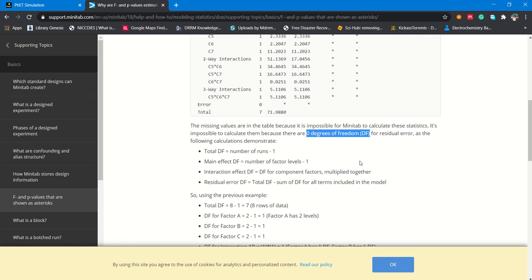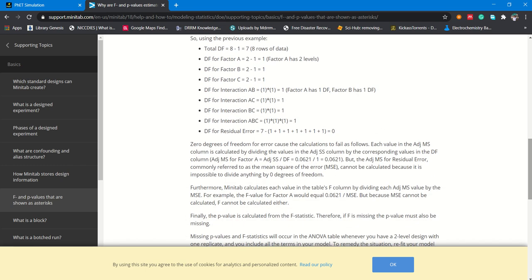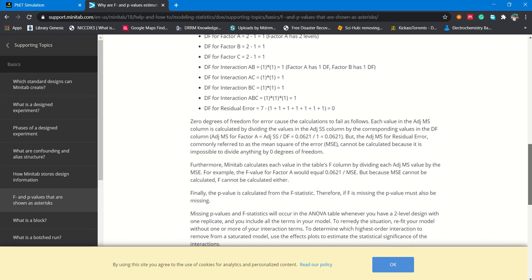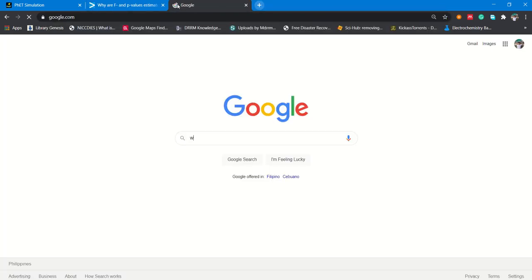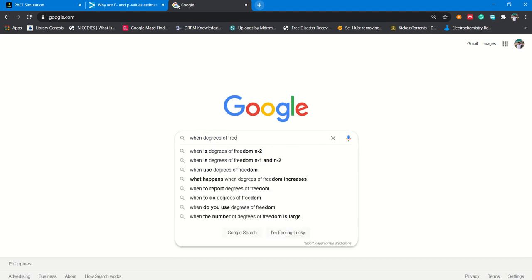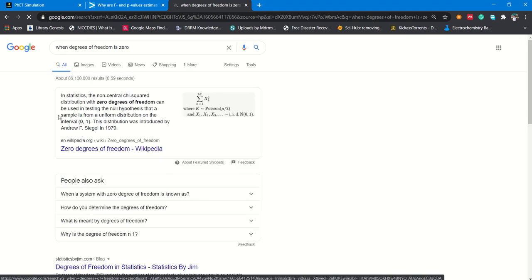So 0 degrees of freedom for error causes calculations to fail as follows. Each value in adjustment is calculated by degrees of freedom. So degrees of freedom is 0.